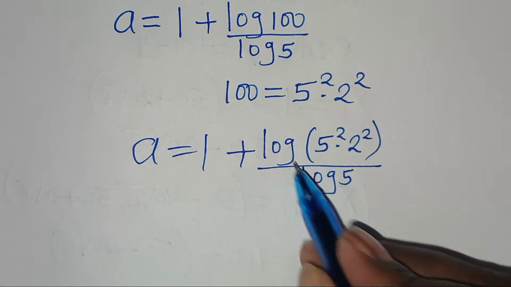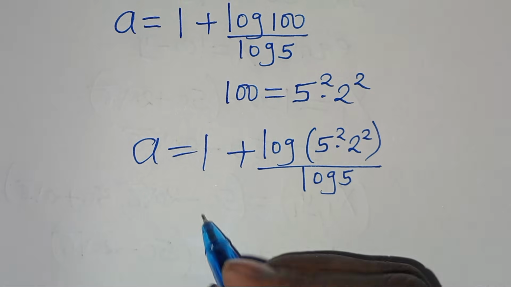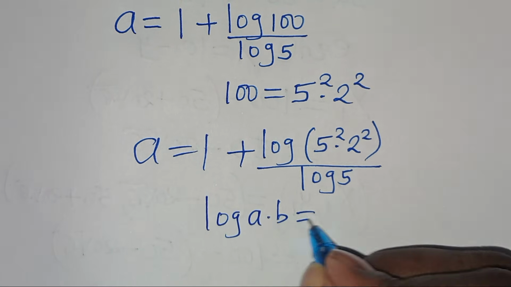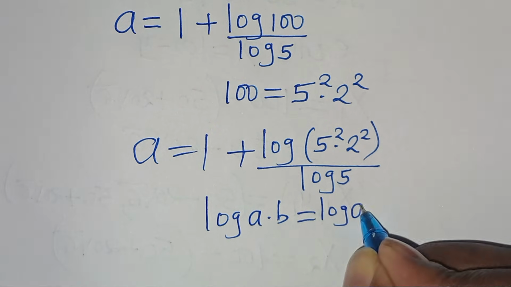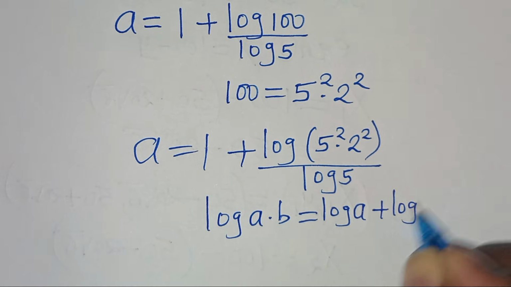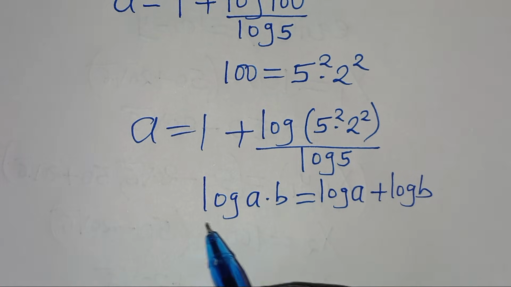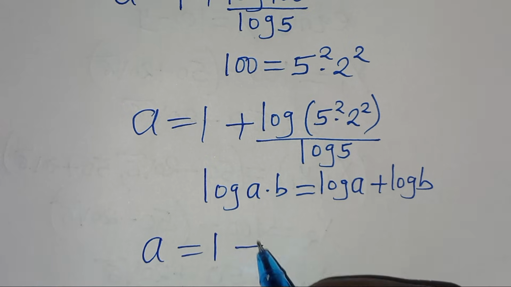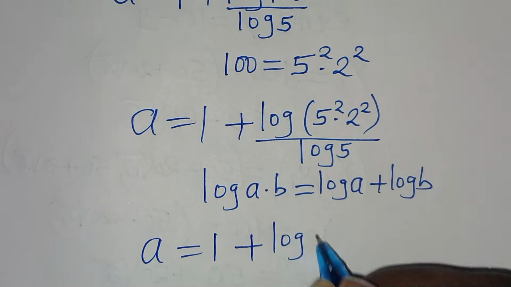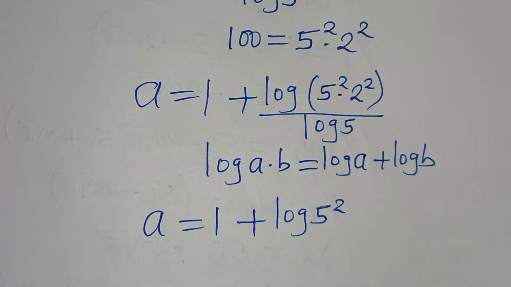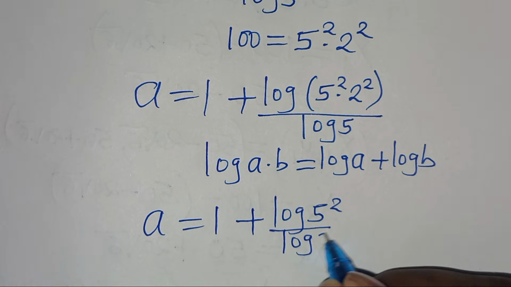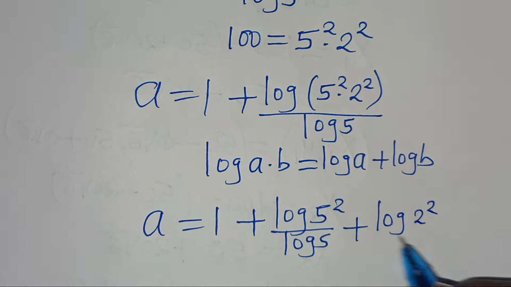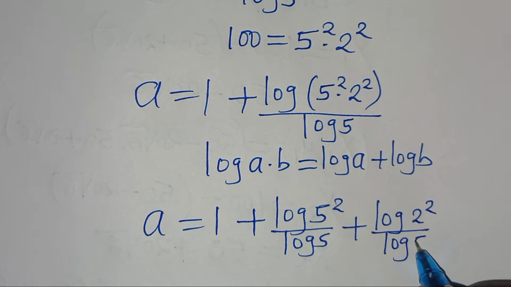Now log of 5 to the power of 2 times 2 to the power of 2 is in the form of log a multiplied by b, which we can express as log a plus log b. Applying this logarithm property, a is equal to 1 plus log 5 to the power of 2 divided by log 5, plus log 2 to the power of 2 divided by log 5.